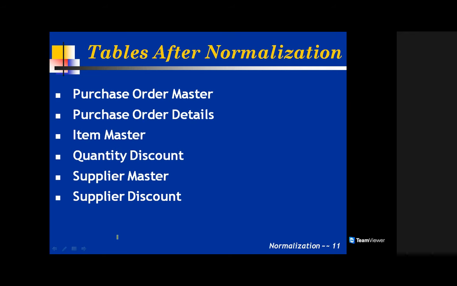To do that, first you need to understand what items we bought, so you go to the purchase order master. From there you understand the purchase details, to whom we have given it, and so on. Then for the price you go to the item master for each item, then to the quantity discount to get the discount, the supplier master for the total, and then the supplier discount.